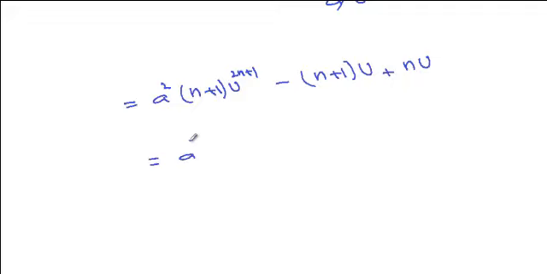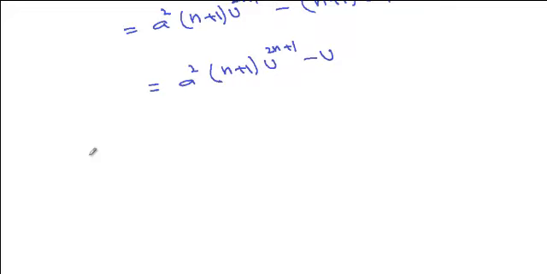So this can be written as A²(n+1) u^(2n+1) minus u. So this can be written as d²u/dθ² + u = A²(n+1) u^(2n+1).